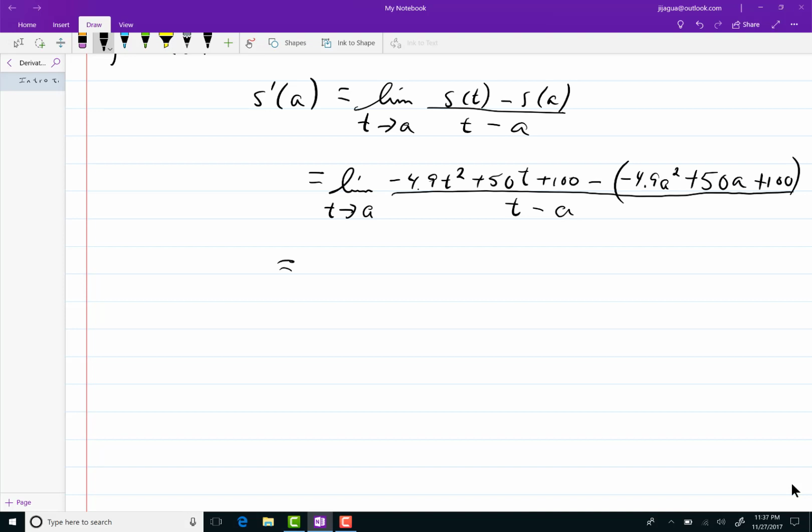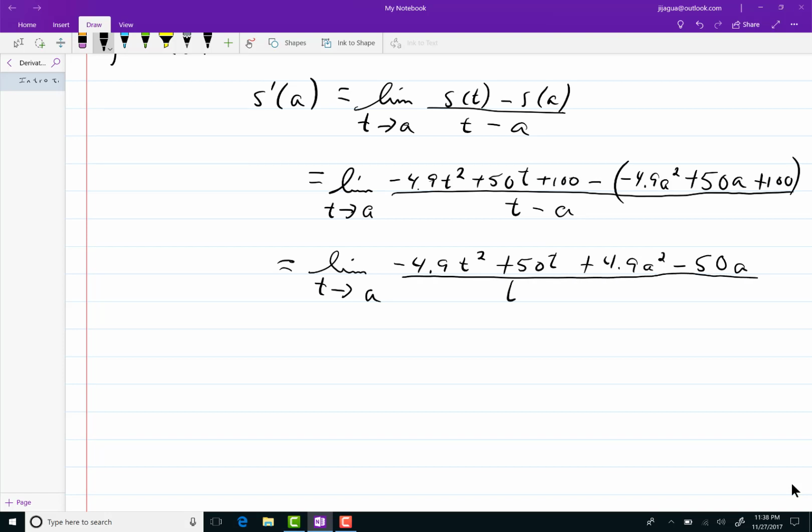Now I'm going to do some simplifying in the numerator. I'll have negative 4.9 t squared plus 50t. Notice that the hundreds cancel out, so I'm not going to include them. Plus 4.9a squared minus 50a all over t minus a. Now, you're guaranteed that a is going to be a 0 in the numerator.